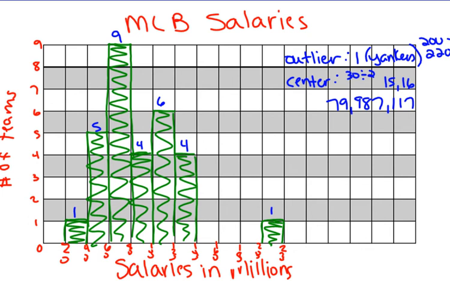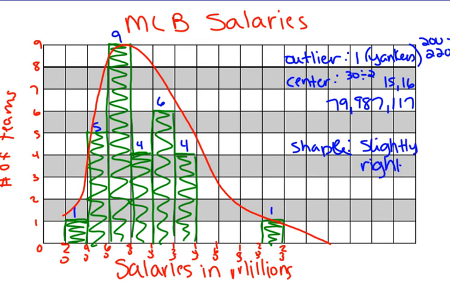And then next would be the shape. How would you describe this shape? Let's just draw this in. I think we could say that it's slightly right skewed, and that's a term we use. I'm not calling it right skewed because it's just a little bit.